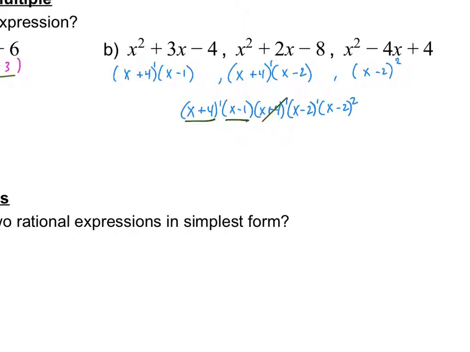And then here, I have x minus 2 squared. Well, if I have it squared, I don't need it to the first, so that x minus 2 to the first would be a duplicate. And now I'm going to rewrite them as a multiplication problem, which is going to be x plus 4, x minus 1, and then x minus 2 squared, and that is my least common multiple.